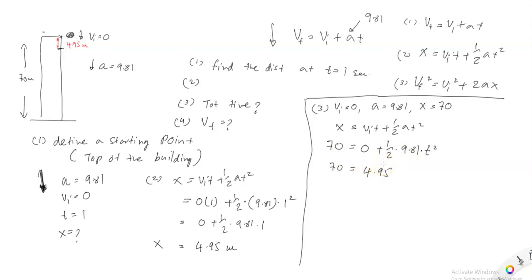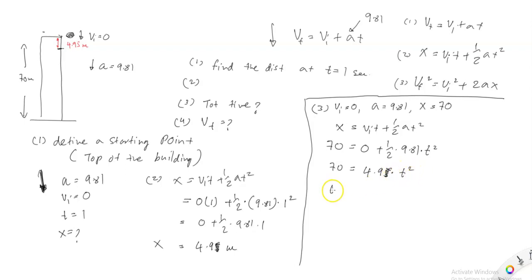Let me double check that just in case. 9.81 divided by 2 is 4. Oops, it's 4.9. It's not 4.95, it's 4.9. So there is no 5 here. 70 equals 4.9 times t squared.